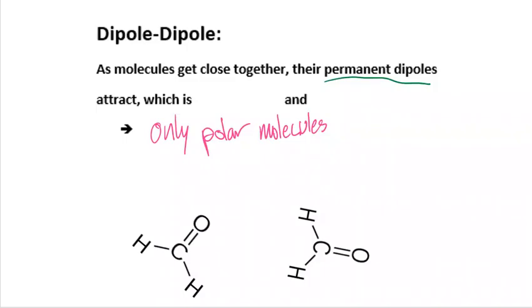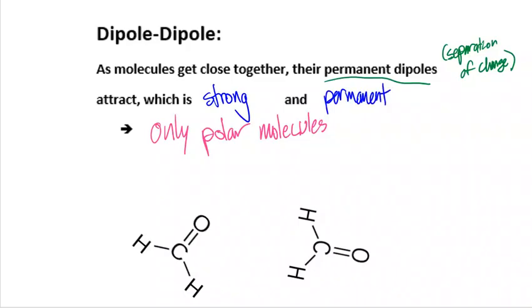Again, the permanent dipoles, that's referring to the permanent separation of charge. So this attracts, and this attraction is pretty strong, and it's permanent, right? Because the atoms are fixed, and where the electrons are, if one is more electronegative, it's going to pull it towards itself. Okay, so strong and permanent. So let's look at an example of what this actually looks like.